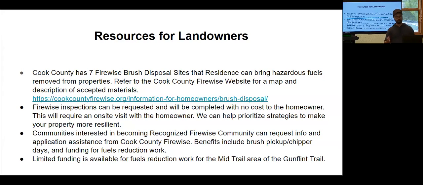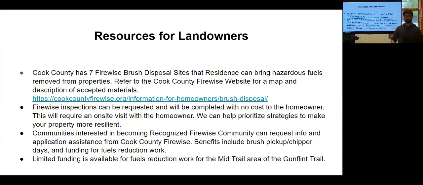Every year I apply for a specific grant for these areas, and what that grant money helps me do is organize things like chipper days and brush removal days, where the whole community as a whole does a bunch of work on their land, and then I can help facilitate removing that fuel from your property and getting it to one of our sites. Because often that's one of the hardest parts for people: maybe they can cut down a few trees themselves, but then what do they do with it?